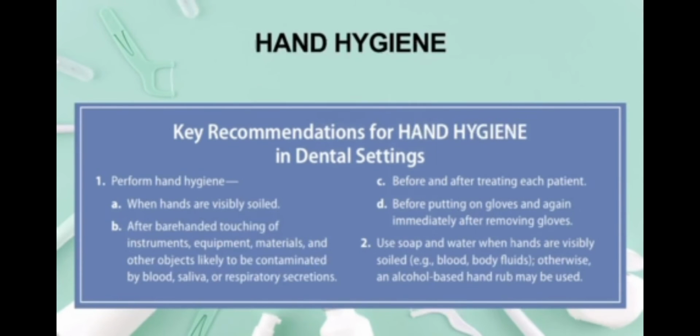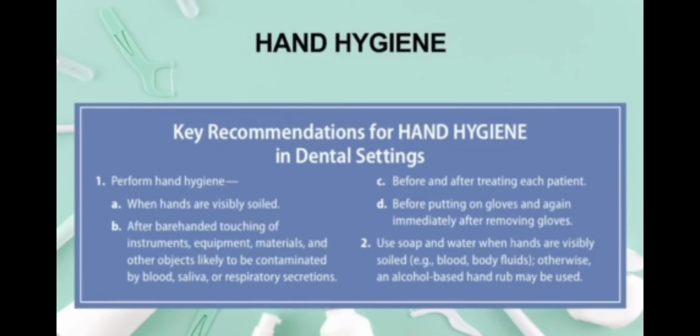We also have the key recommendations of hand hygiene in the dental setting, because hand hygiene is the most important measure to prevent the spread of infections among patients and DHCP. Education and training programs should thoroughly address indications and techniques for hand hygiene practices before performing routine and oral surgical procedures.